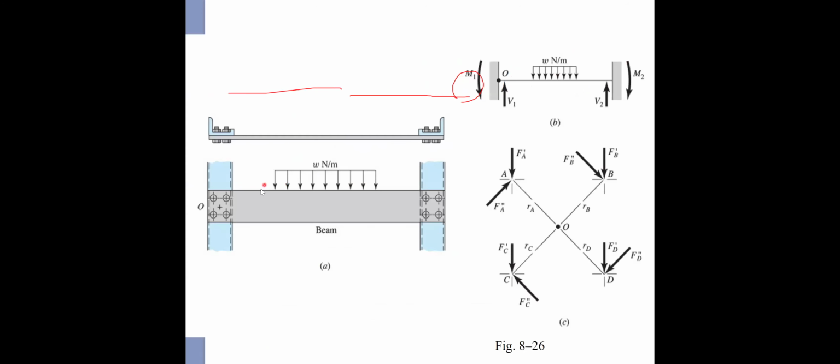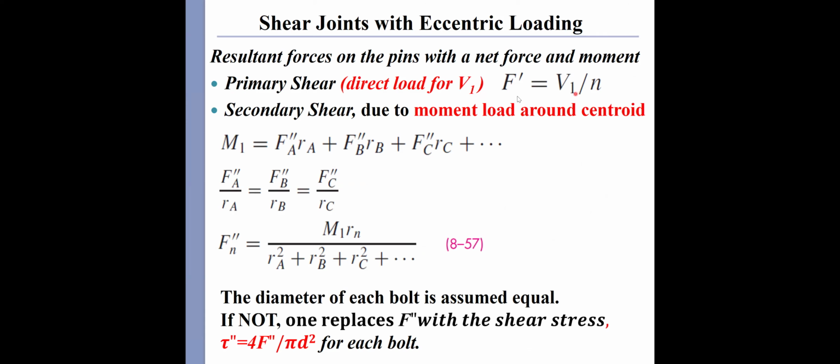If we look at the previous figure, we have V1 here. If there's a beam with the distributed load at the center, we have the shear forces V1 and V2 applied at the two ends, the two boundaries. So F prime equals V1 divided by N, where N is the number of bolts.